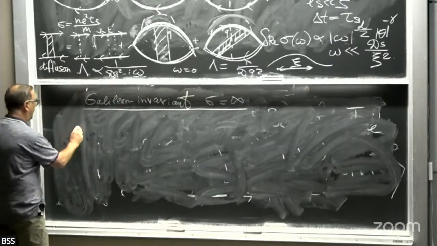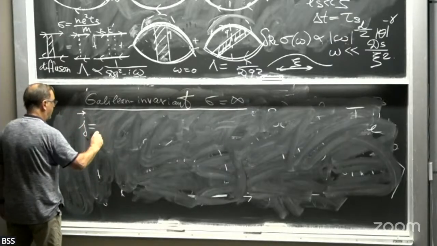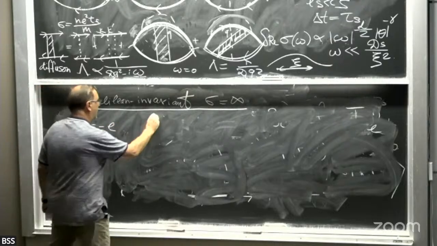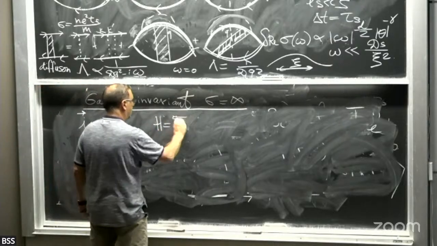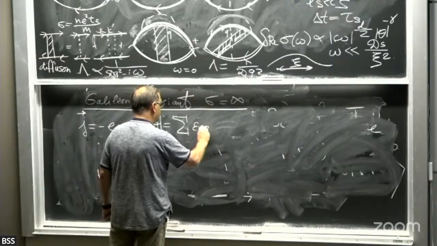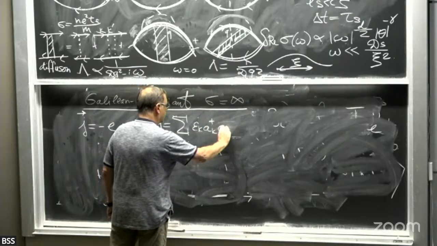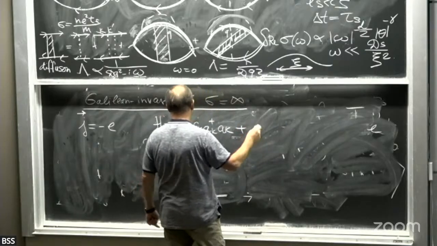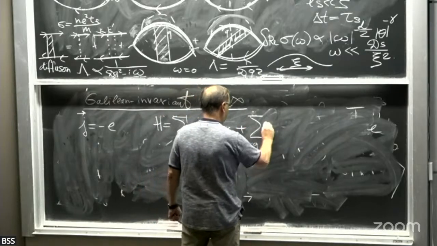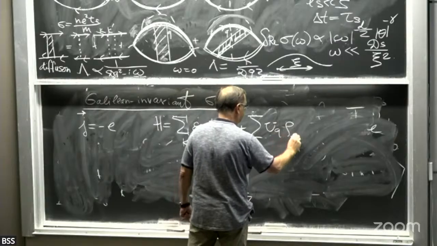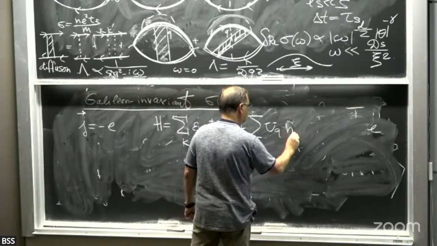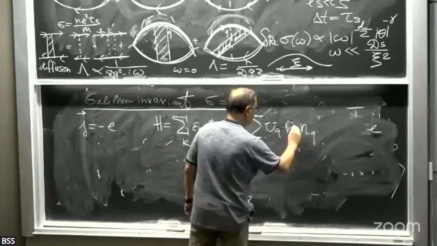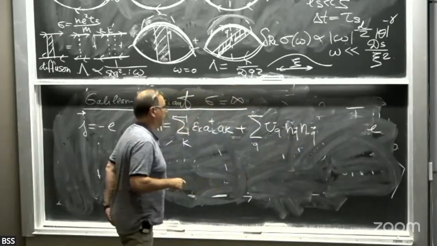So first of all, I need to define the current. Let's say I have a Hamiltonian, plus an interaction term, and the interaction term in this Hamiltonian is of the density type. N is my number density operator.